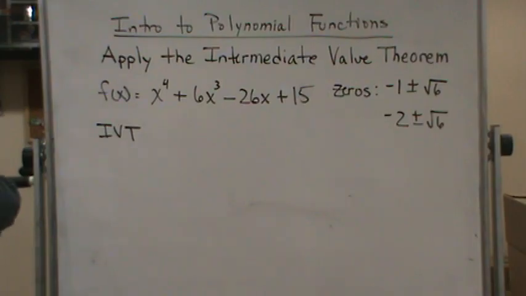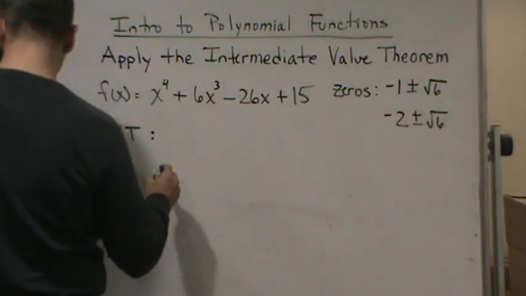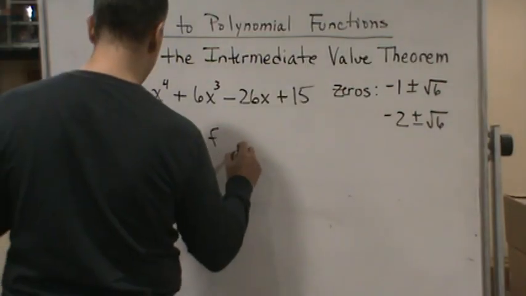That's where the intermediate value theorem comes in. The intermediate value theorem is a theorem that we use to determine the existence of a zero on a particular interval. It says, let f be a polynomial function.